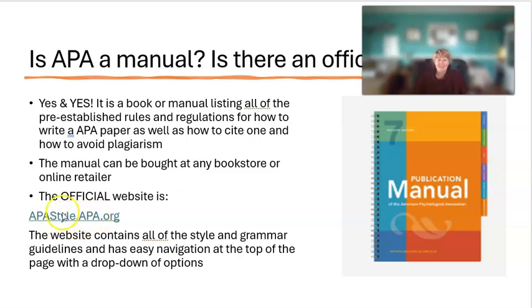This is a hyperlink. If you are also opening up or following along in the PowerPoint, please feel free to click this link now, apastyle.apa.org. It does contain all of the style and grammar guidelines and has easy navigation at the top of the page with drop-down options. If you're buying the book, it looks like this.